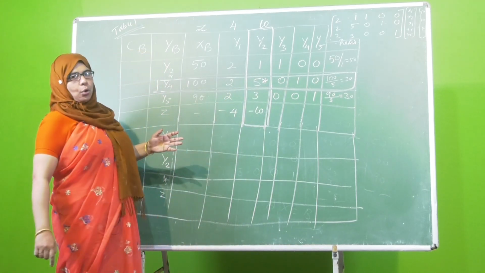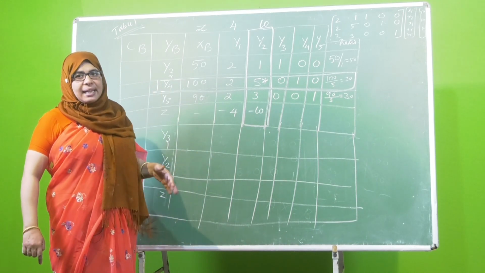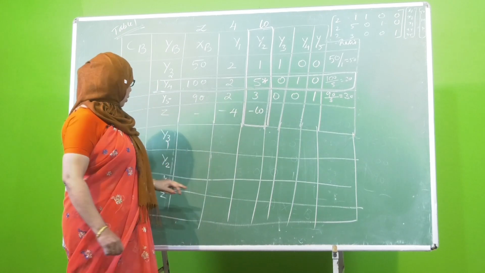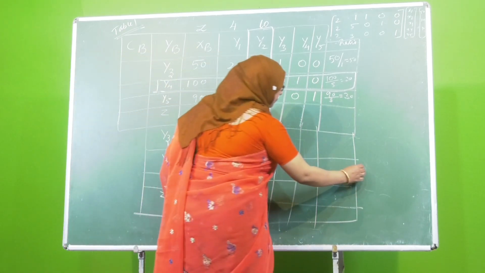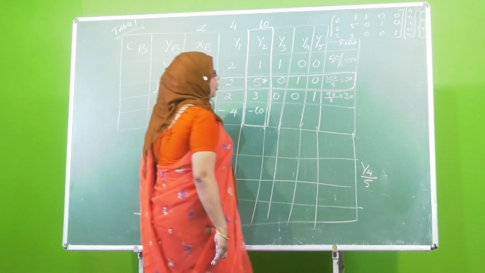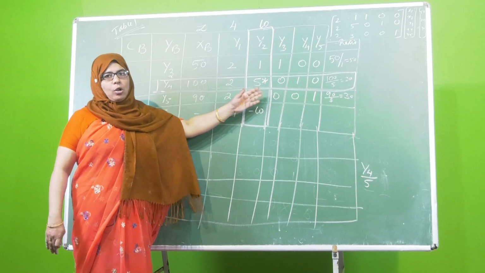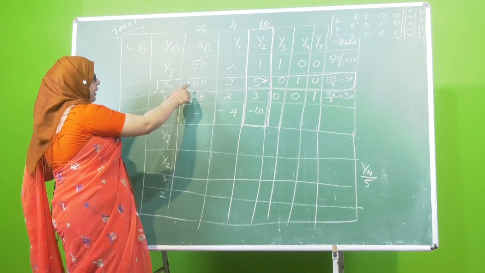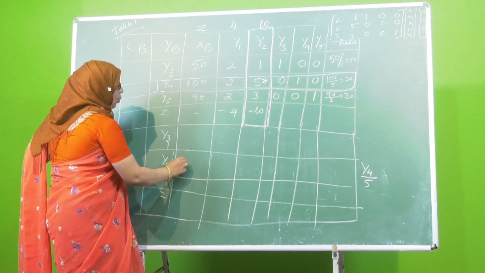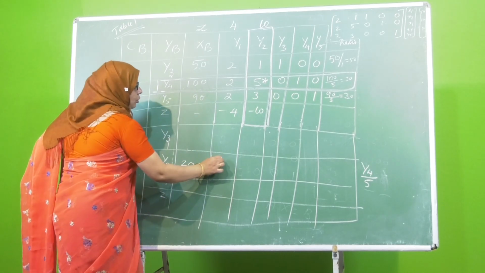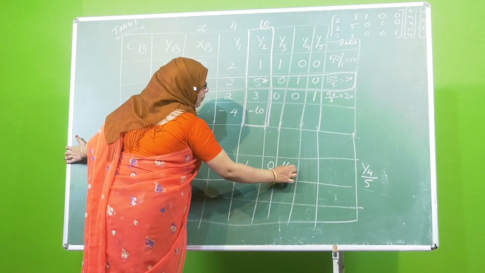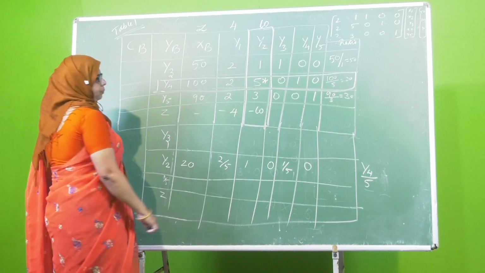How? 5 divided by 5 gives 1. So that is Y4 divided by 5, and we do this for all the elements. 100 divided by 5 is 20. 2 by 5, 1, 0, 1 by 5, 0.